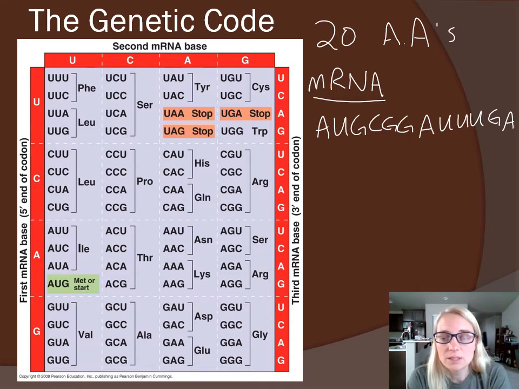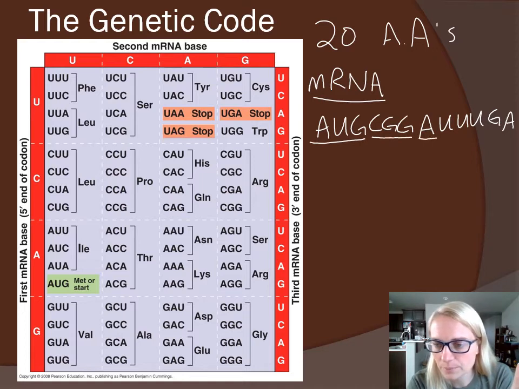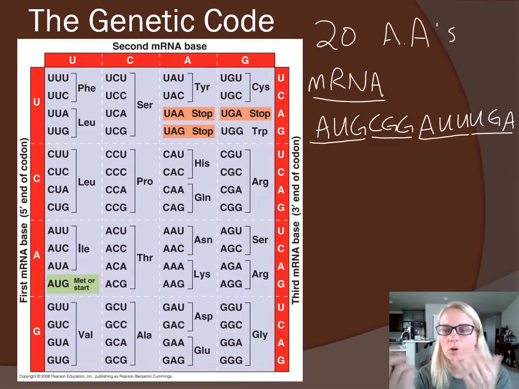Usually what I like to do if I'm trying to translate on paper, not in the actual picture with the ribosome, is figure out what amino acids are going to be coded for by this sequence of letters. Every 3 letters codes for an amino acid. So let me underline the 3 letters so I don't get mixed up. Okay, so it looks like I should end up with 4 amino acids in my little short polypeptide.